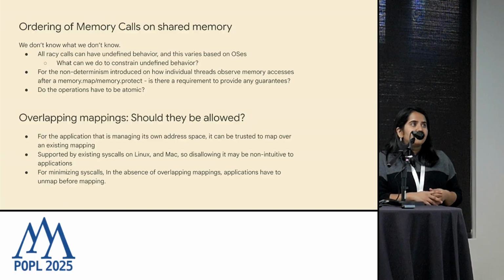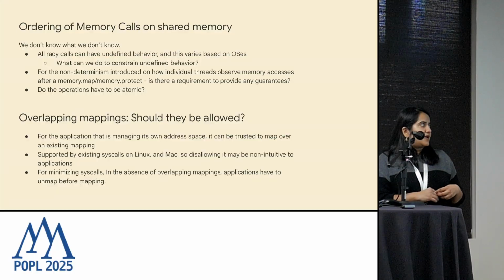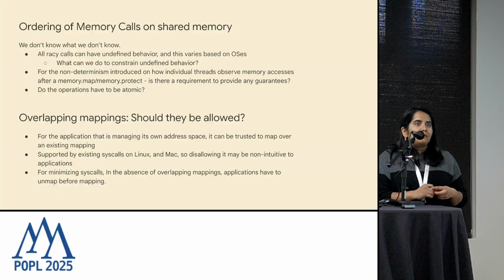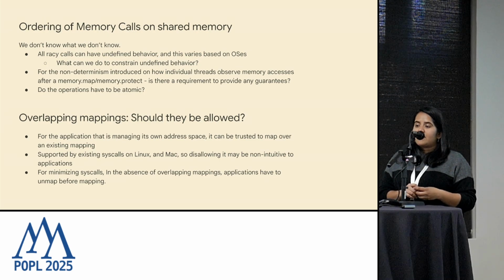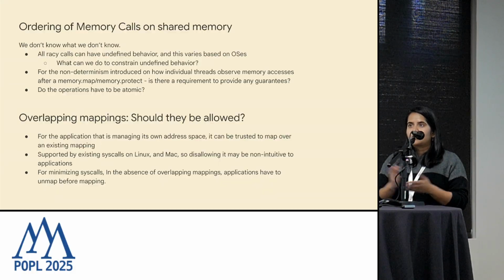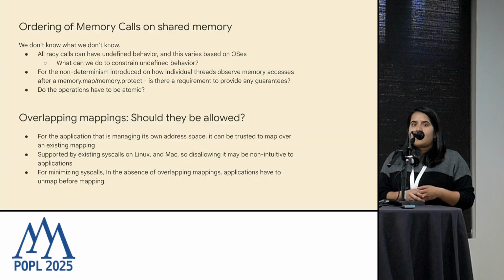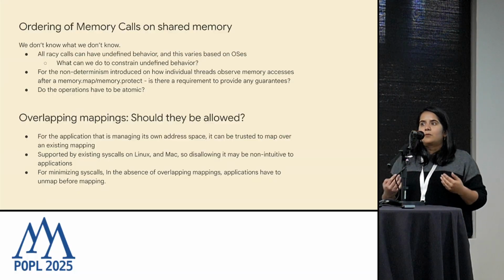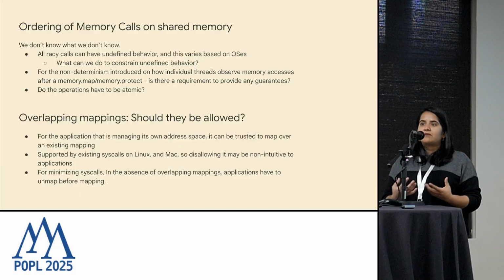A lot of what we've been experimenting with recently is overlapping mappings. I think that we're definitely going to be providing overlapping mappings, even though they're not consistently supported on Windows platforms. Different versions of the Windows OS have different primitives for overlapping mappings. And I think this makes it easier in a way, because a lot of what we had to reason about when it came to memory control is what should happen on an unmap.